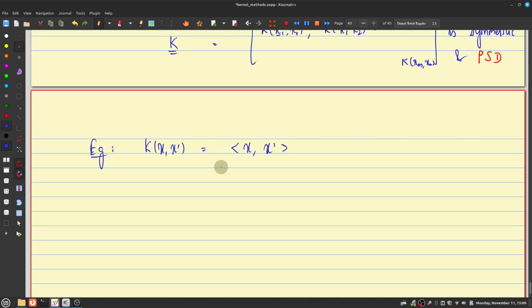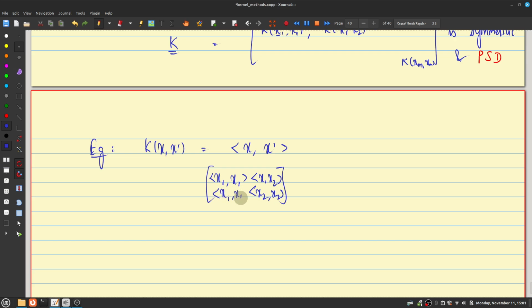Can we say something about whether this is positive semi-definite or not? Let's consider a 2 cross 2 case. So I have the inner product between x1 and x1, between x2 and x2, between x1 and x2, and between x2 and x1.